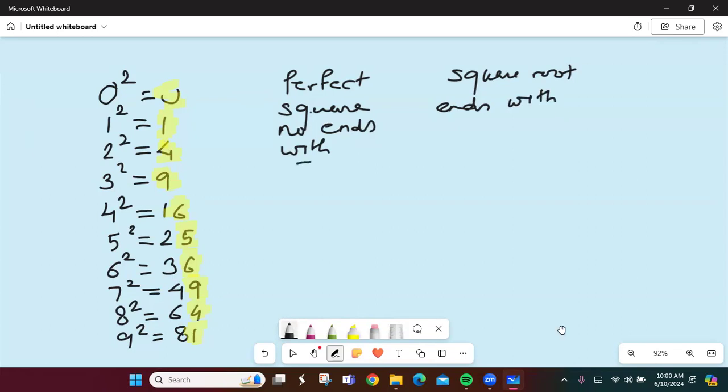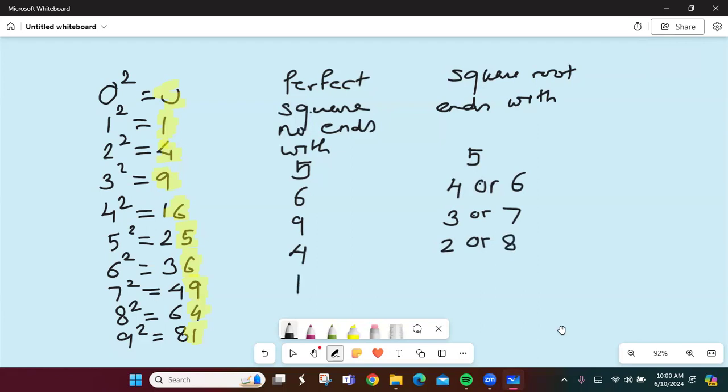So a perfect square number, if it ends with 5, its square root will end with 5. If a perfect square ends with 6, its square root will have units place 4 or 6. Ends with 9, its square root will have units place 3 or 7. Ends with 4, its square root will have 2 or 8 on the units place.